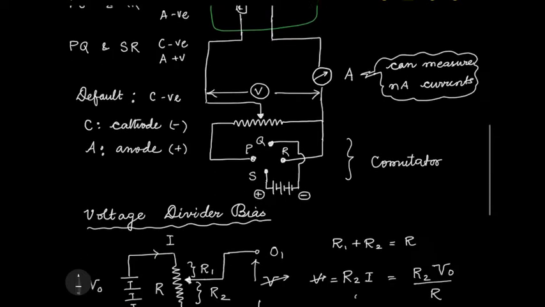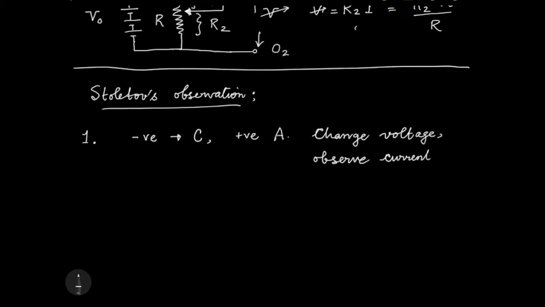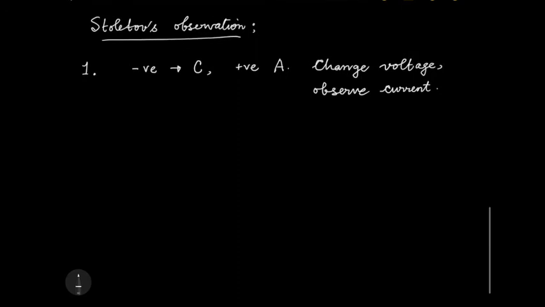As I said, the default, so the first observation is with negative to cathode. This is a very famous type of observation. It is done for any electric device. This is the basic observation that one wants to do.